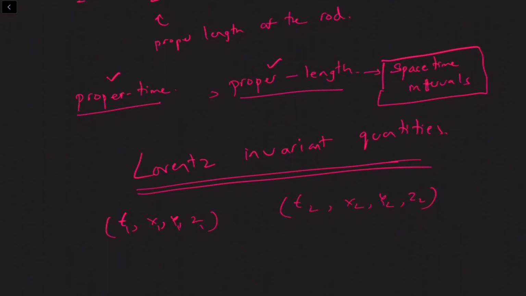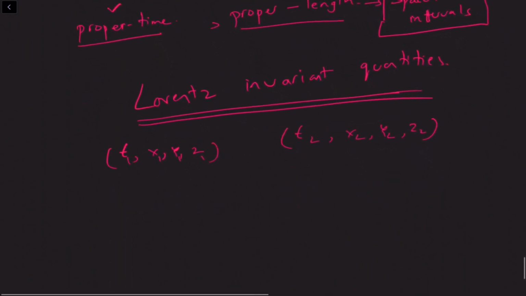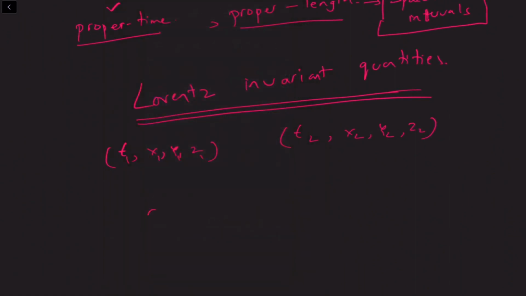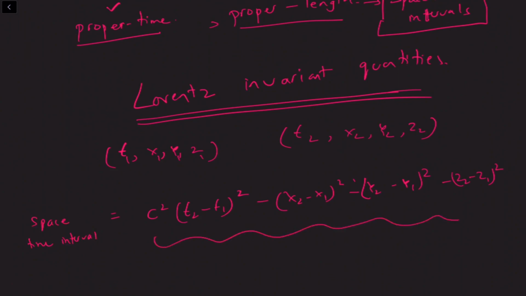But once they describe the spacetime points, when they construct the interval between those two spacetime points, which is defined this way, t2 minus t1 squared minus x2 minus x1 squared minus y2 minus y1 squared minus z2 minus z1 squared, all observers will agree on the value of this quantity.